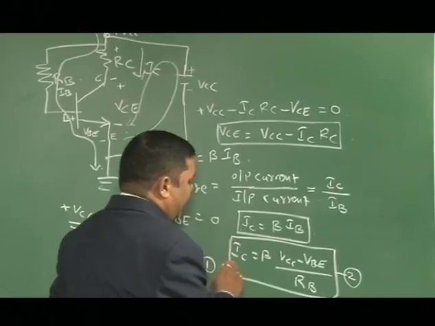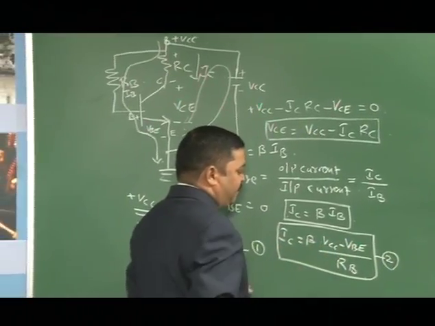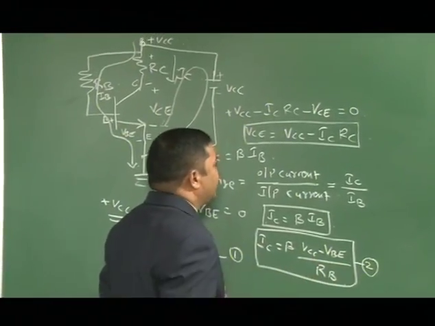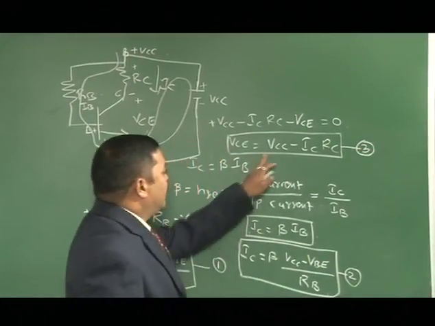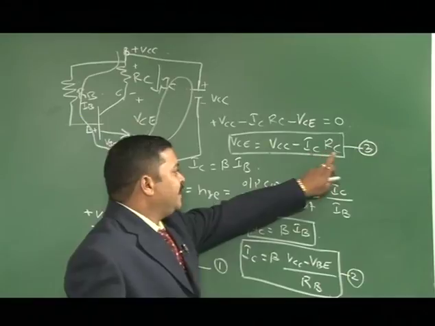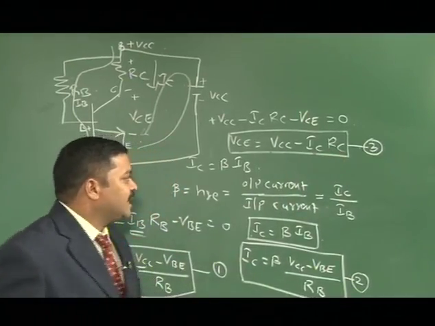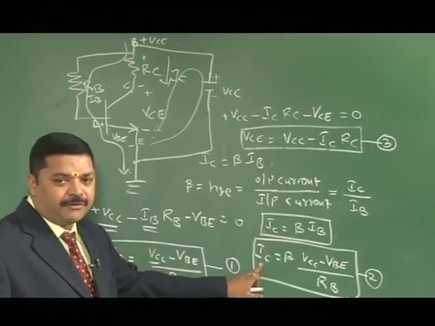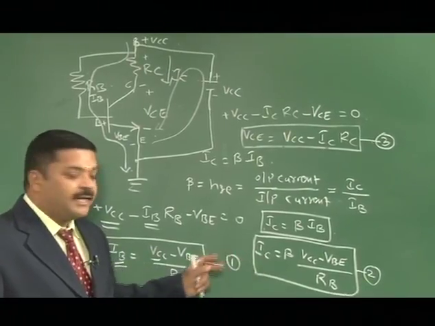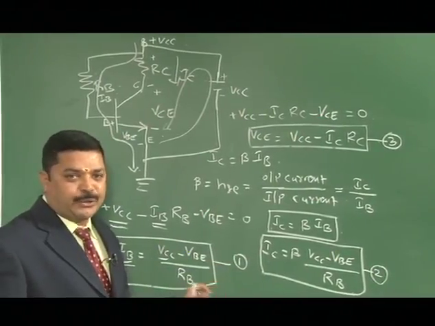IC is given by beta times (VCC minus VBE) by RB, which is equation 2, and VCE is given by VCC minus IC into RC. So I have found out VCE and IC. Therefore, I can easily write the operating point Q.